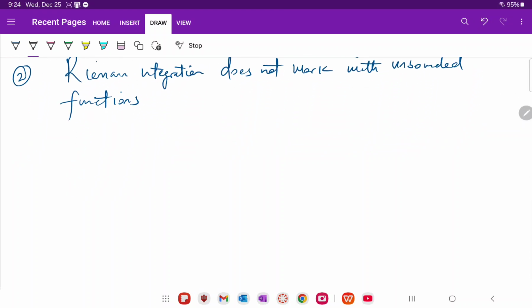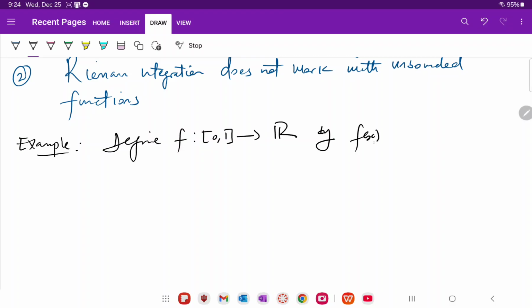So an example for this: define f over (0,1] to R where f of x equals 1 over root x for 0 less than x less than or equal to 1, and 0 if x equals 0.